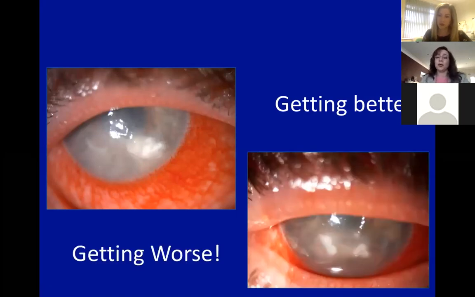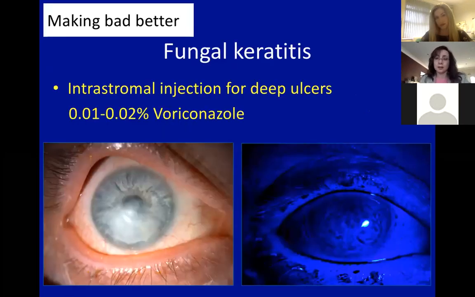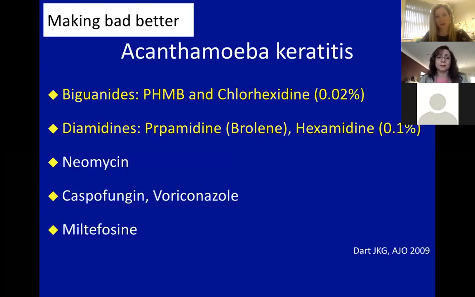And at that point, because we know that it's definitely a fungal infection, we started giving him intrastromal voriconazole, and the patient had regular daily intrastromal voriconazole for maybe 6 weeks until he completely settled. So we're finding more and more these intrastromal injections quite successful, and you can reduce the drops because you don't have to give them hourly anymore, and we get very good results, especially in deep-seated infections.